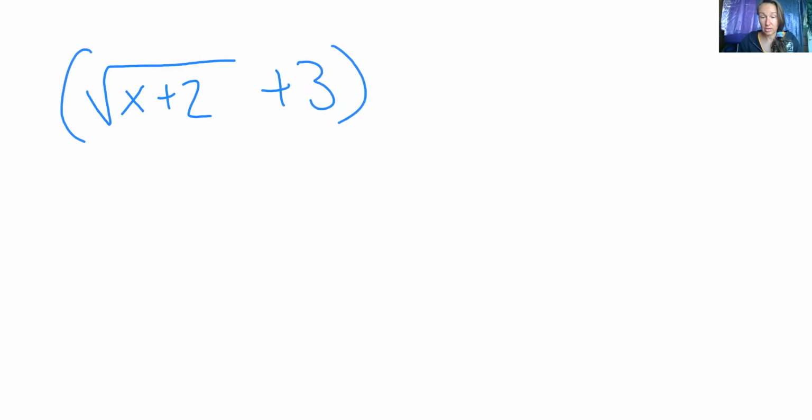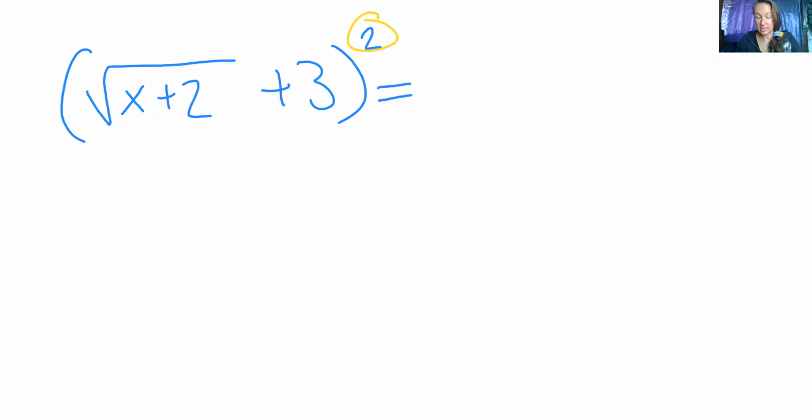So let's do our last example. We have the square root of x plus 2. That plus 2 is inside the square root. Then we're going to add a 3 after the square root, and we're going to square it. The best way to approach something like this, whenever you have multiple terms all being squared, is to rewrite what this squared really means.